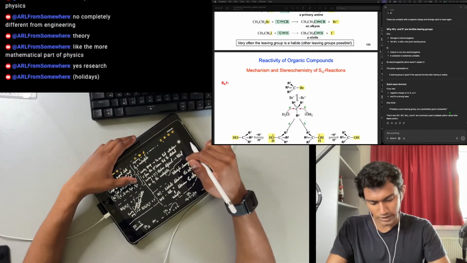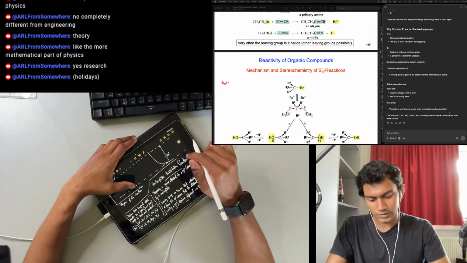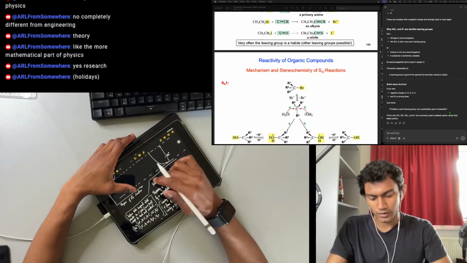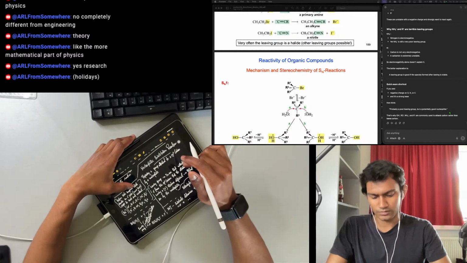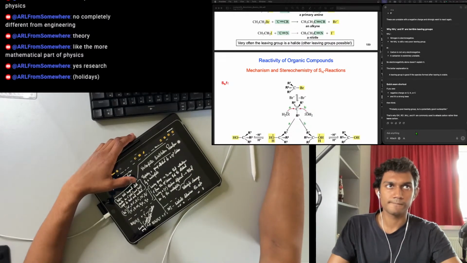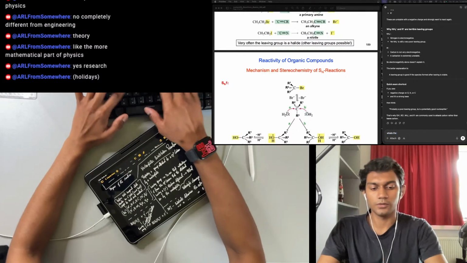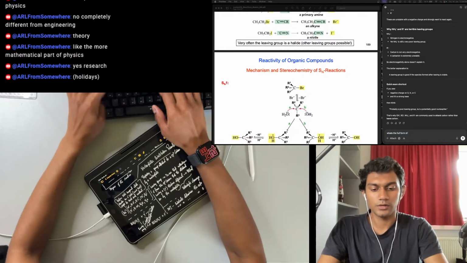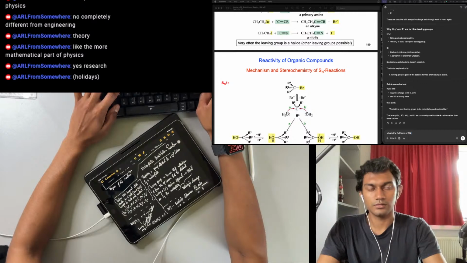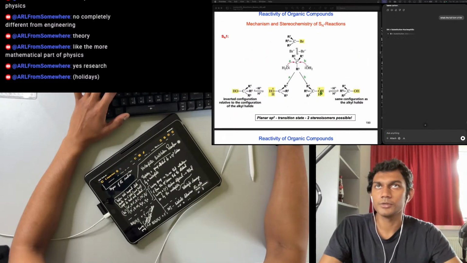Nucleophilic substitution reaction. So SN, okay. What's the full form? SN. Mechanism and stereochemistry of SN reaction.